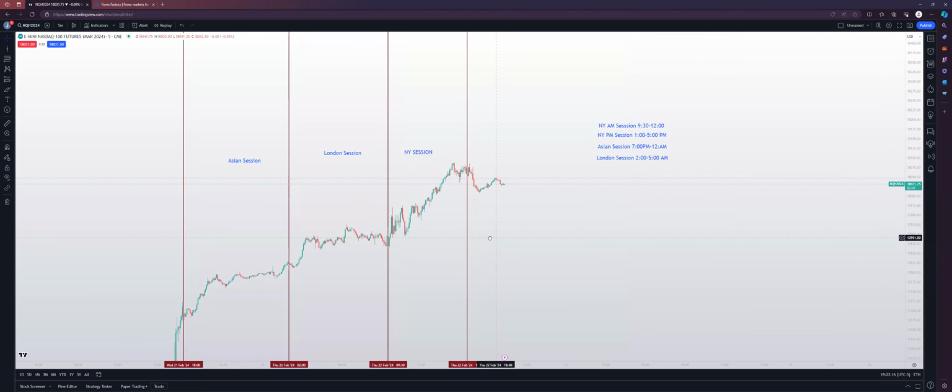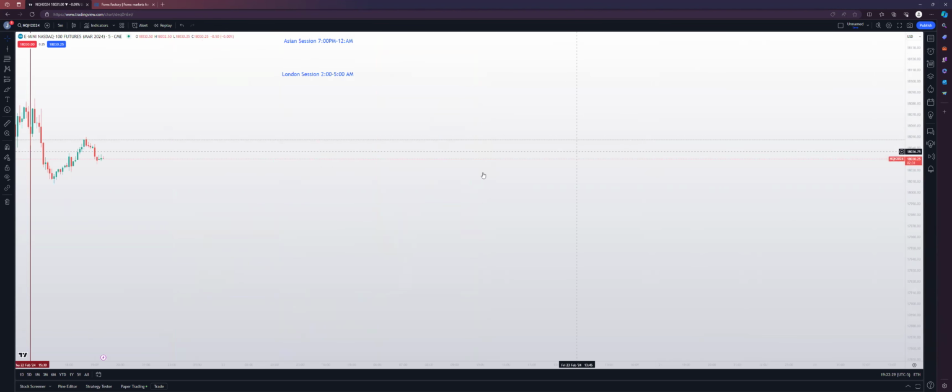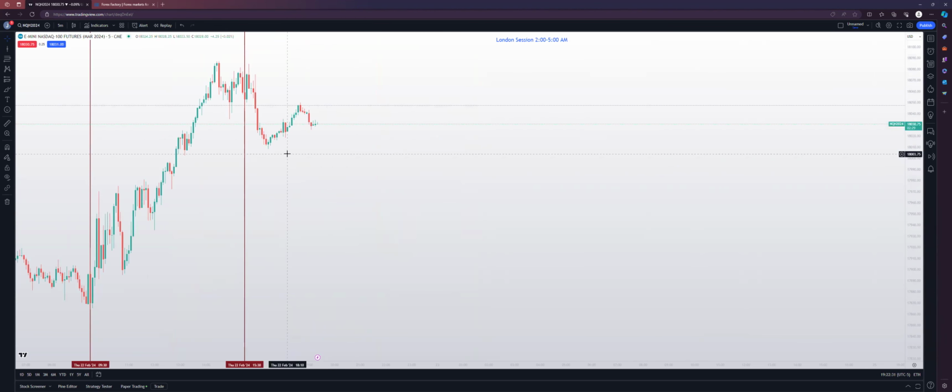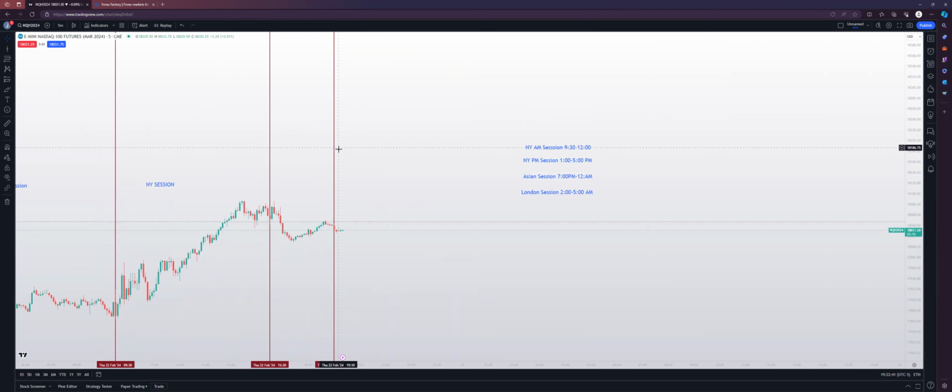So right now, for example, it is 7 o'clock. So we can be looking for trades right now. Yes, as I said, it's currently 7:22. So if I were to zoom in on my chart, I could place a line where the 7 o'clock candle is. So this right here is the 7 o'clock candle.